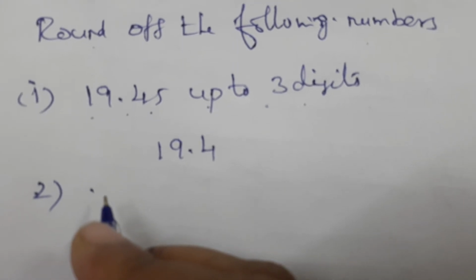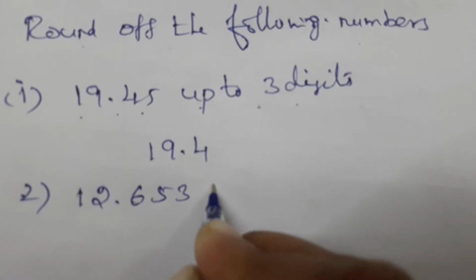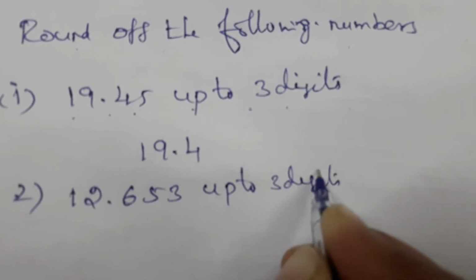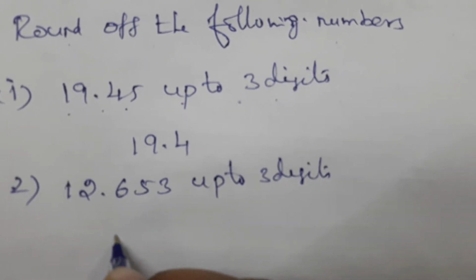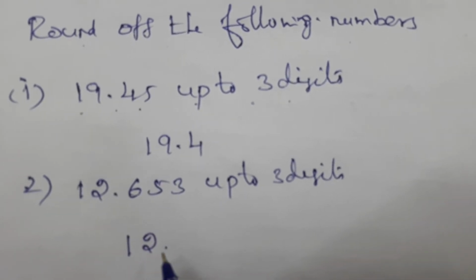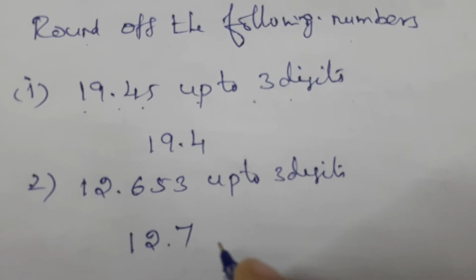Another example, 12.653 up to 3 digits. So here the answer is 12.7.